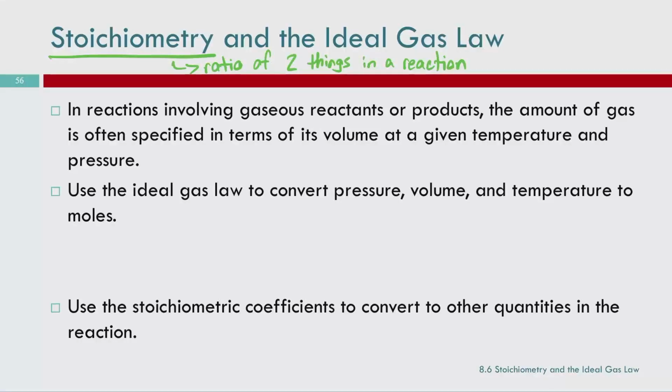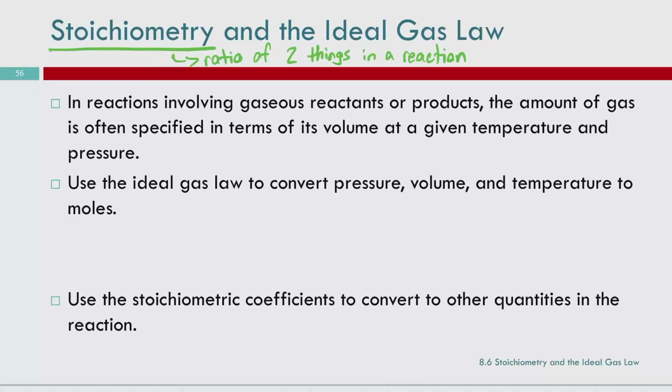So when we have reactions that involve gaseous reactants or gaseous products, the amount of gas is more often specified in terms of volume with given temperature and pressure rather than the grams of the gas, because it's a little bit annoying to try to measure the mass of a gas. So instead, we just take the temperature, we get the pressure of the room, and we can figure out volume of whatever container it is, often pretty easily.